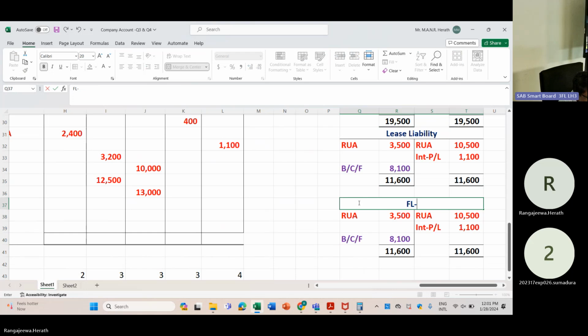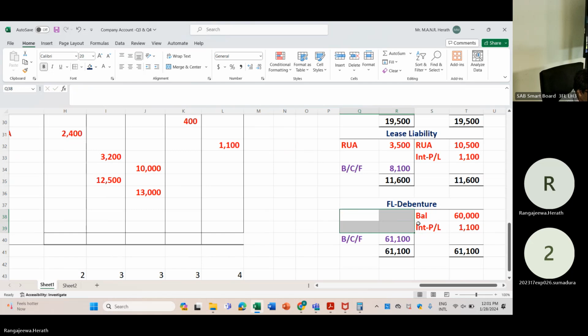Financial liability debenture. We have the balance. Trial balance එක දීලා තියෙනවා 60,000. Right? And දීලා තියෙනවා 60,000.